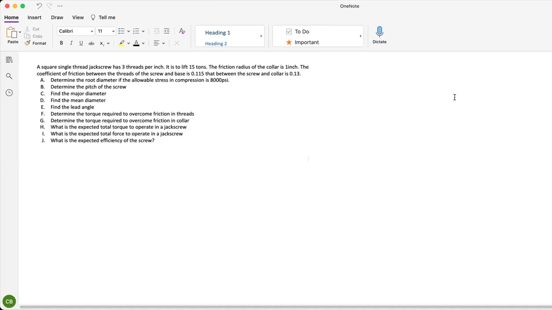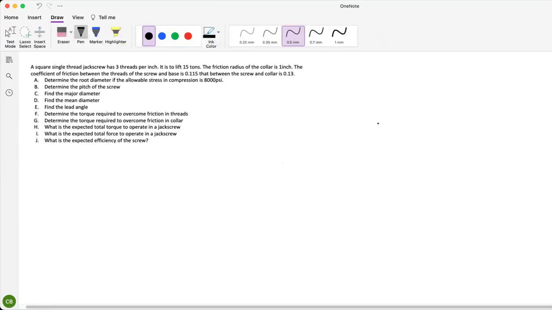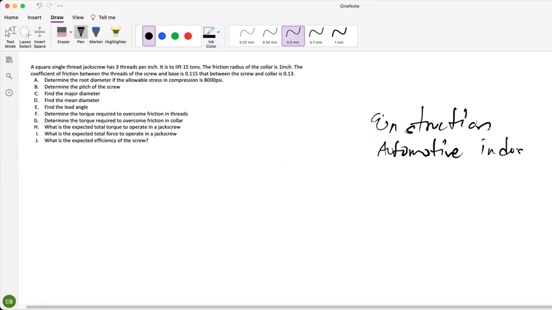So you have construction, you have also of course the automotive industry, and then also for aerospace.